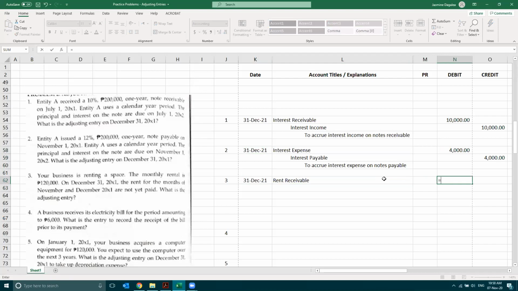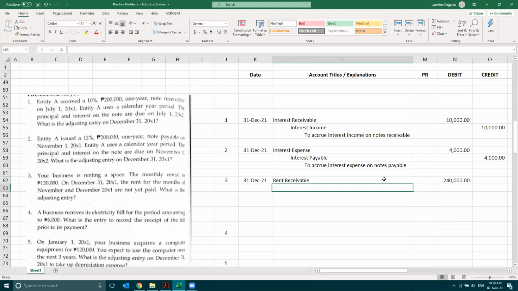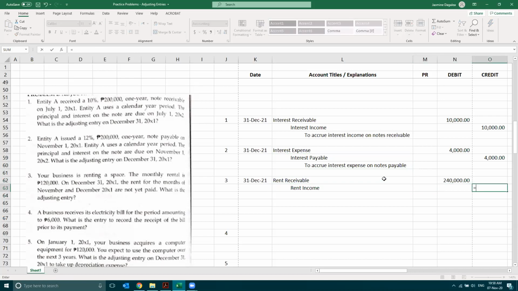November and December. Not yet paid but already earned. So, 120,000 times 2. Credit, rent income, kasi income nyo na siya, revenue nyo na siya.